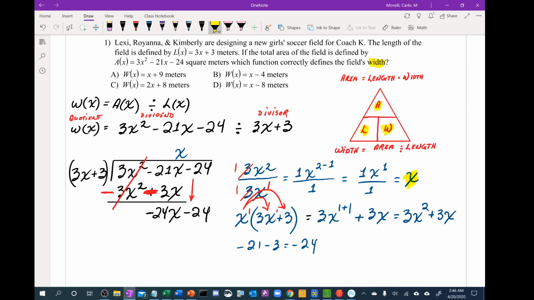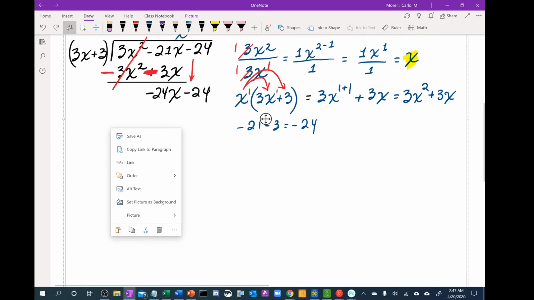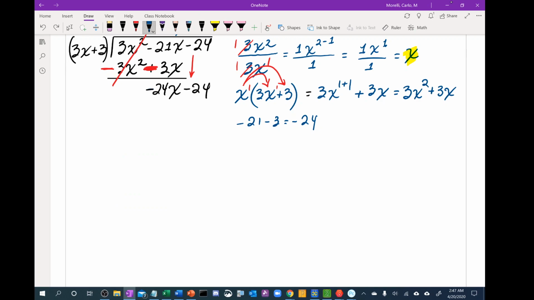What we're going to do is divide the first term of this piece right here, this dividend piece right here, by this divisor. Okay? Once again, we're going to divide this term right here by this divisor. So we'll go here into our side work, and we will divide negative 24x by 3x.